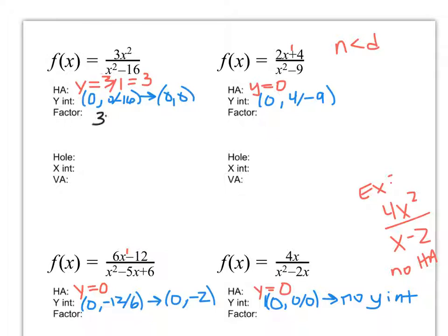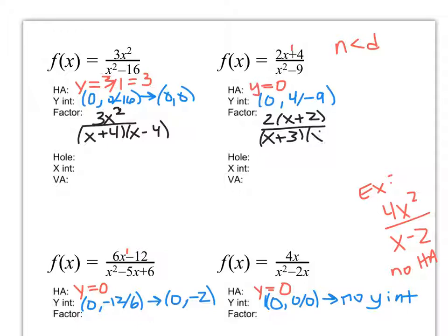So the first one, I have 3x squared over x plus 4, x minus 4. Then I have 2 times x plus 2 over x plus 3, x minus 3.